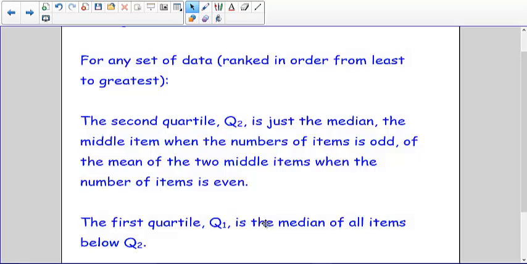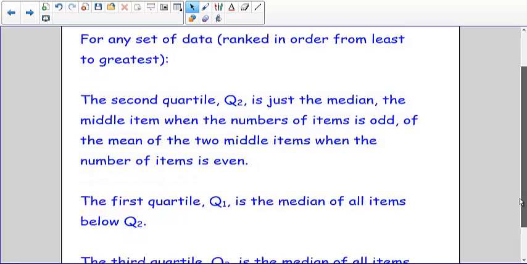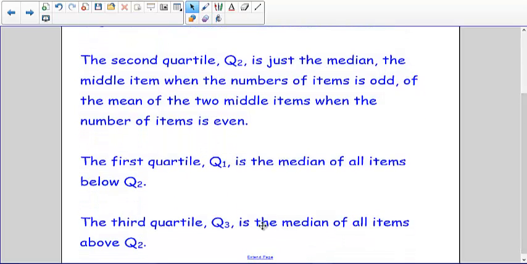The first quartile is the median of all items below the median, and the third quartile is the median of all items above the median.